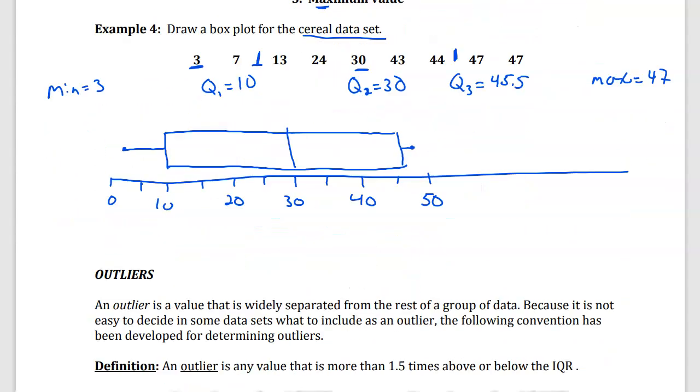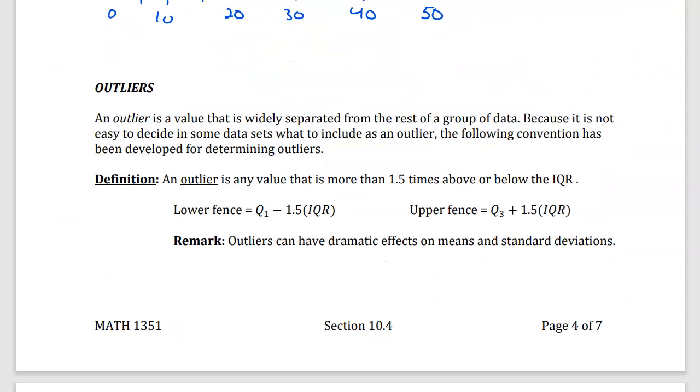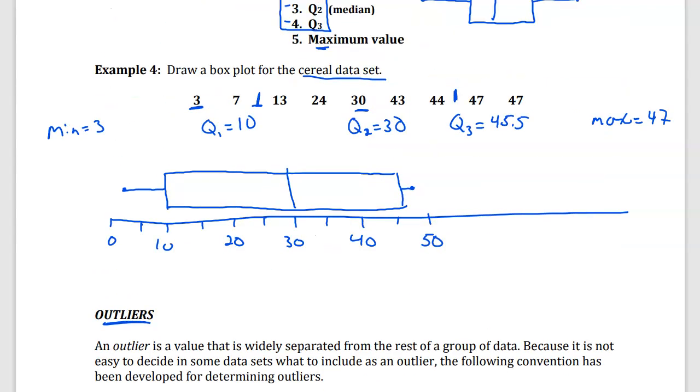Also, using our quartiles, we can calculate what are considered our outliers. Things that are statistically higher or lower than the majority of our data. Now, sometimes we look at data and say, okay, this 3 is much lower than all the rest.